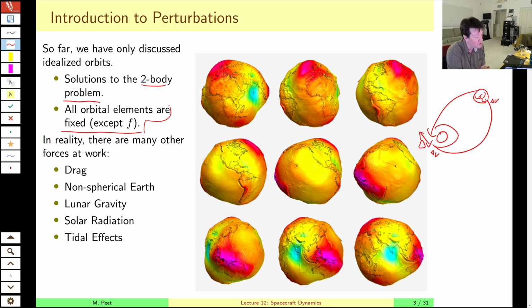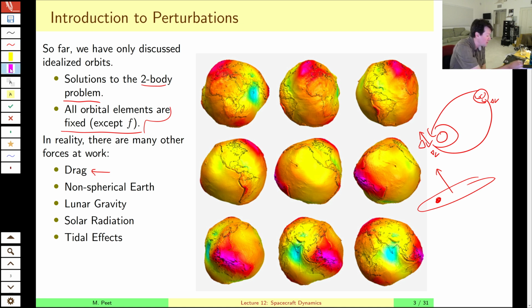Again, we'll talk about it in the quasi-steady state. So we're always sort of in an elliptic orbit, but then we'll talk about how those orbital elements can vary with time, assuming that the basic motion remains the same. So the ones you want to think about primarily in this lecture are drag, of course.